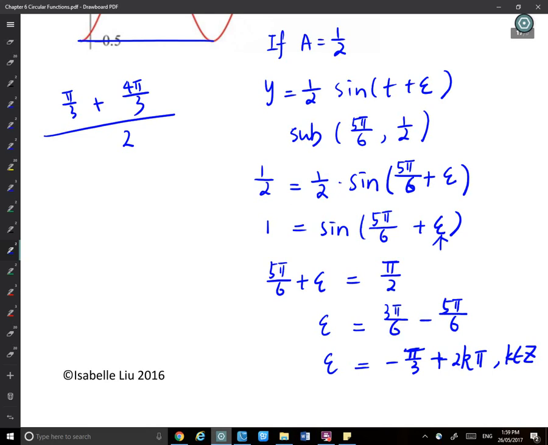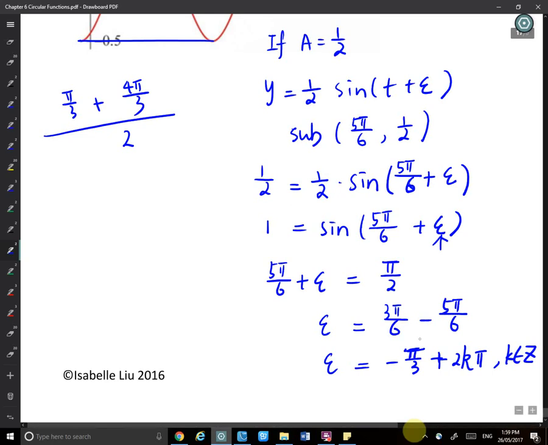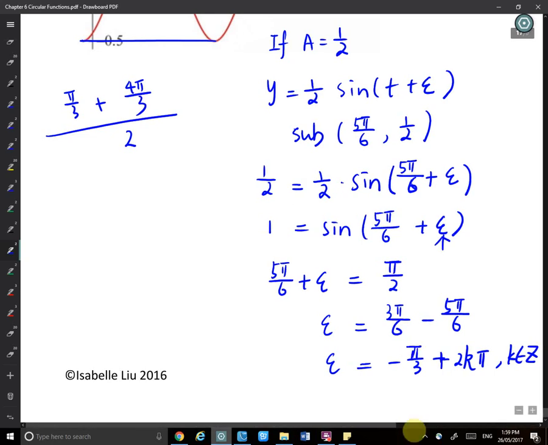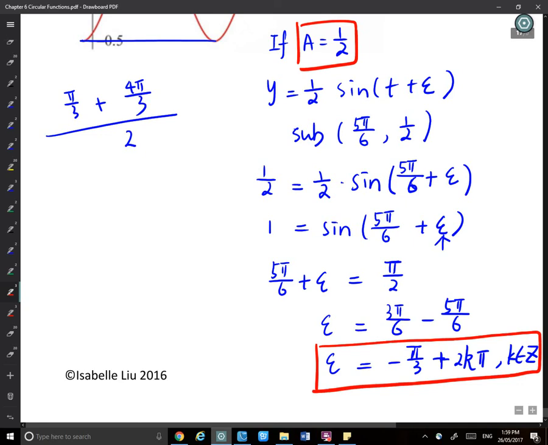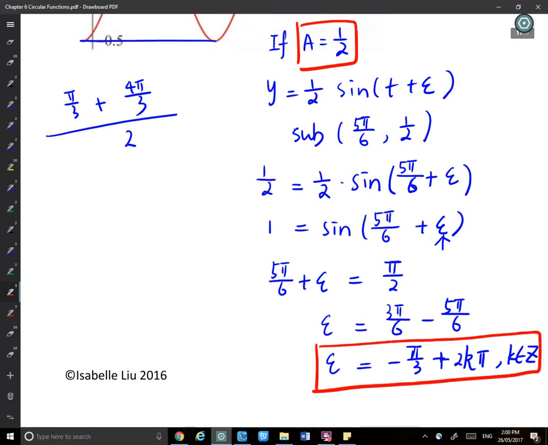That will be still the same position and still give you that value. But it's not really necessary, but I just want you to know that all these epsilon will be possible. So the pair of values will be, if A is half, epsilon can be all of those values. Okay, that's one possible pair of answers.